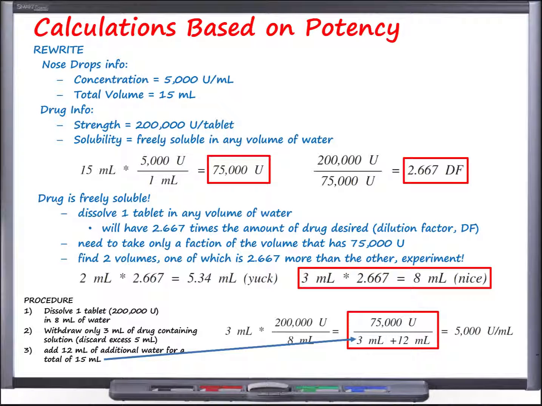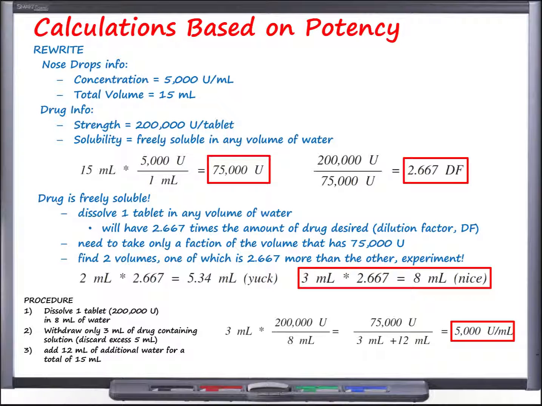So we take the 3 mils, we add the additional sodium chloride. 3 mils plus 12 mils is 15 mils. That equals a total of 15 mils that we're going to divide into the 75,000. So if we take 75,000 units and divide it by 15 mils total, that's where we get the 5,000 units per mil. And that's what we were trying to compound with the initial prescription.